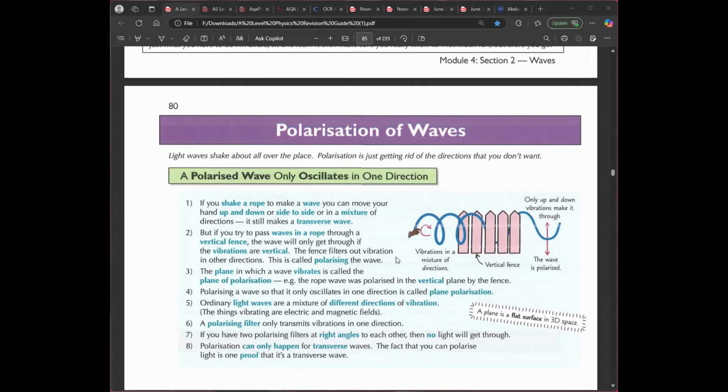What you use to polarize, for example, EM waves, is a polarizing filter. What it does is it blocks all the light in other planes, or the ones that have different direction components. You just have one single plane of wave that can travel through those polarizing filters.